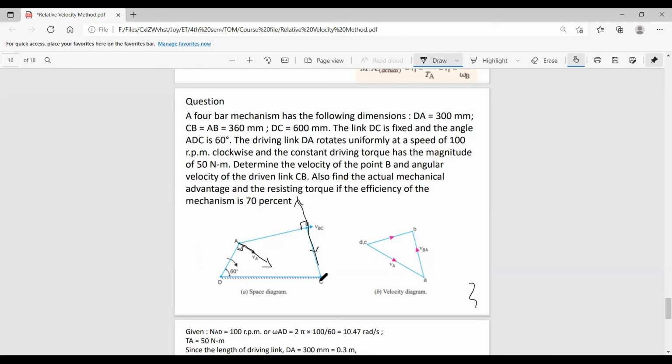Similarly for CB, the velocity is going to be in this direction. So now we have to fix them in the velocity diagram.